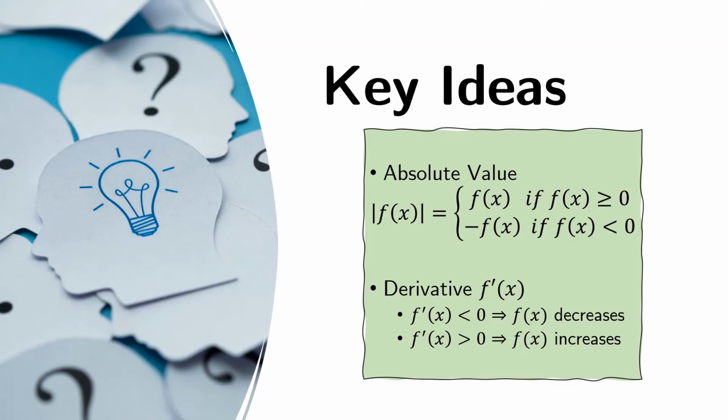For this problem, it is useful to recall this way of expressing the absolute value of a function f of x. In general, the absolute value of a number is equal to just the number itself if the number is positive or equal to 0, or it is equal to the negative of itself if the number is less than 0.